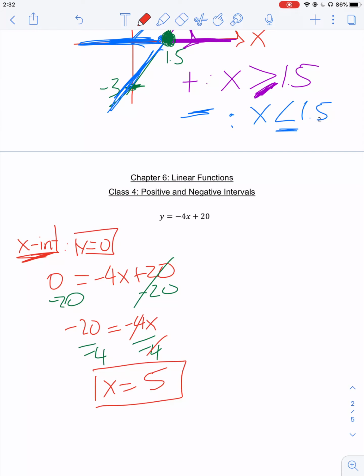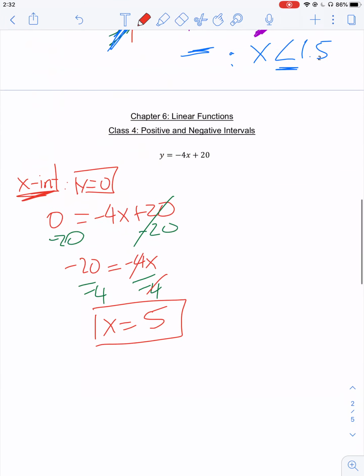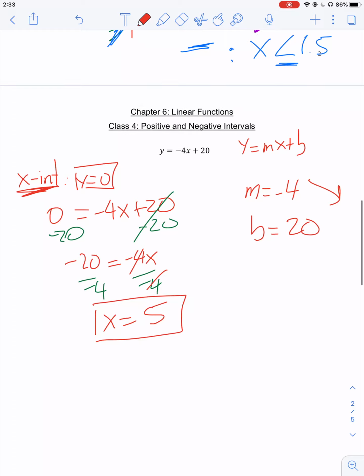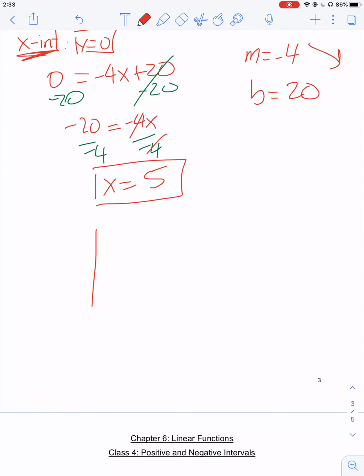Now, if I were to quickly sketch this function, I know that my slope, remember, if I compare this to mx plus b, that means that my slope is equal to minus 4. Because it's negative, my function should be decreasing, right? And my b value, the y-intercept, is 20. So if I were to quickly sketch this function, this is what needs to be done.